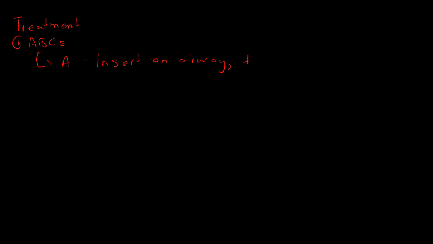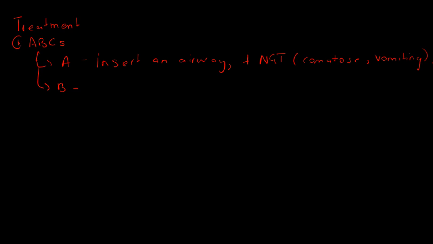So you're going to be putting an NGT in this patient, especially those that are comatose and especially those that have vomited. So if there has been a decrease in level of consciousness or they have been vomiting, that's when you want to actually insert an NGT.